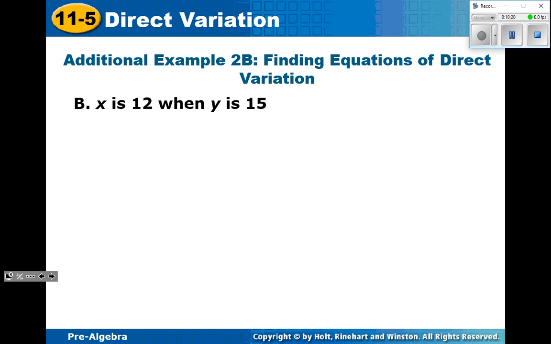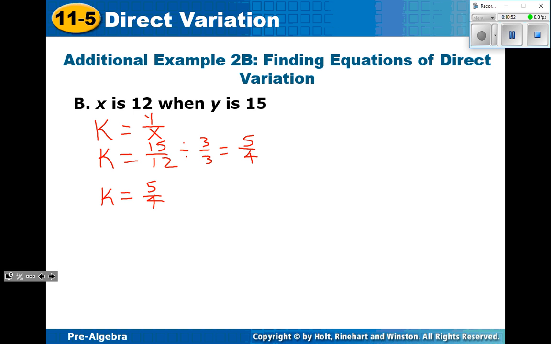This is the exact same kind of problem. They gave you x and y. So let's use k equals y over x to find k. Plug in what we know. And k equals, let's just simplify that by dividing by 3 over 3. Gives us 5/4. So k equals 5/4.